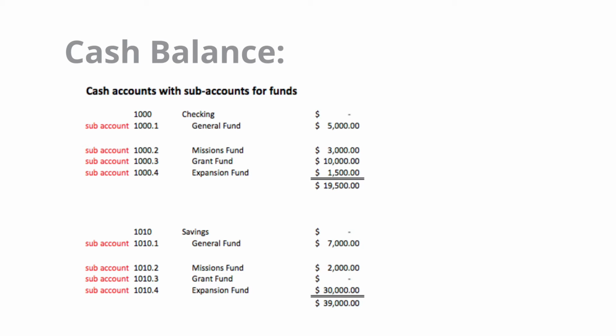The downside is it's not an accurate picture of how much cash you actually have on hand, because what happens if you have grant money in both a checking account and a savings account? And that's possible. Now you need to have two sets of sub-accounts created and know that they both are the same balance but two different accounts. So that's one downside. Normally when people do this workaround, they also might create separate accounts at the banks themselves.